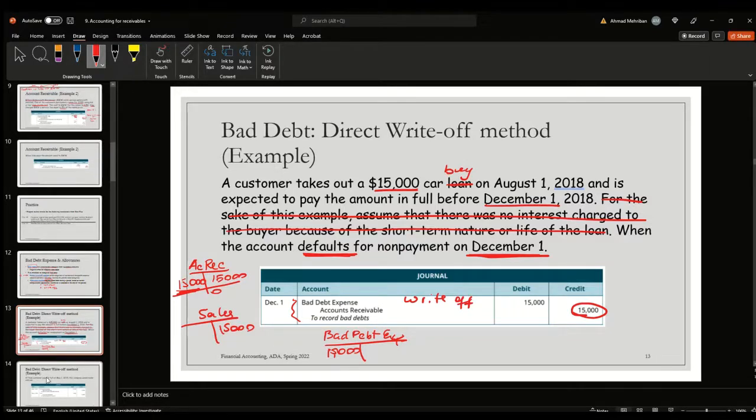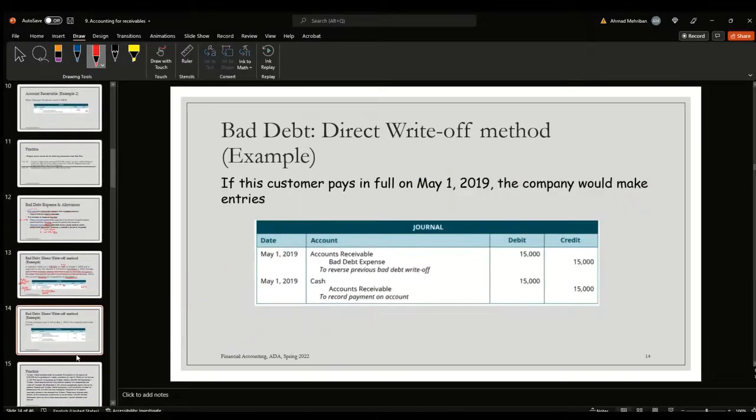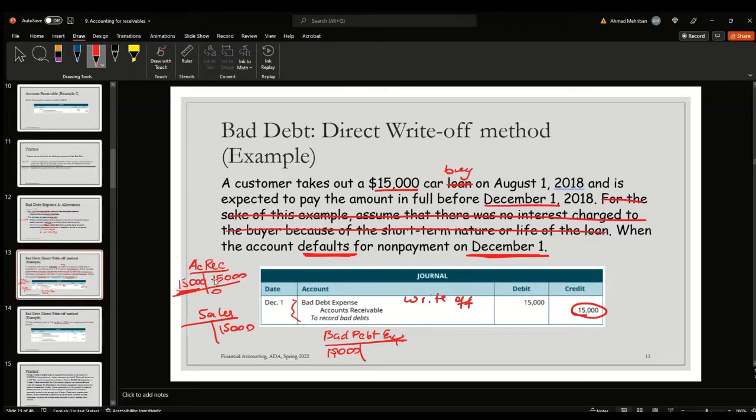But it is also possible that until December 1 no payment was made, but then the customer, who probably experienced some kind of financial difficulties, has managed to pull himself back onto his feet by next year's May 1st. So the customer makes the full payment. But because you've already annulled the entry, you closed this account, and now you need to bring it back.